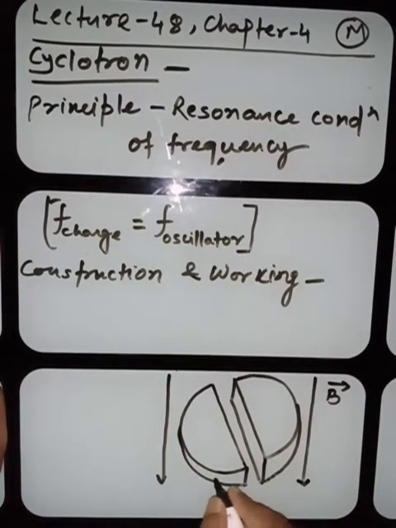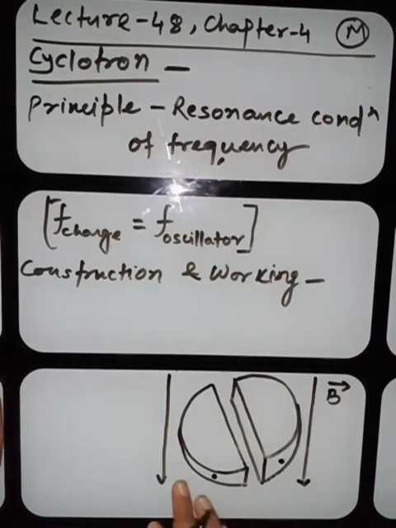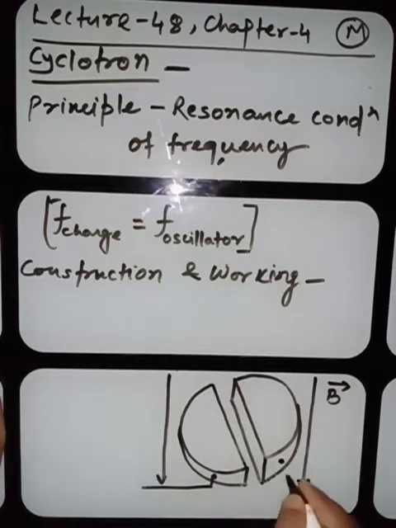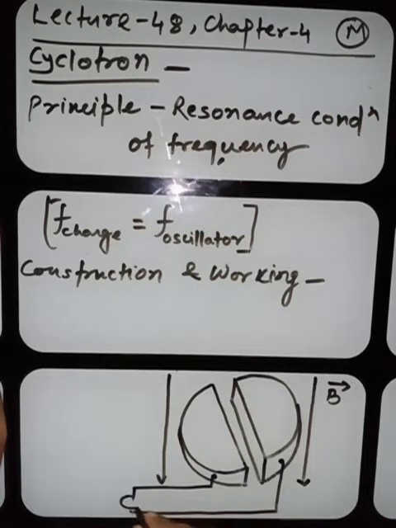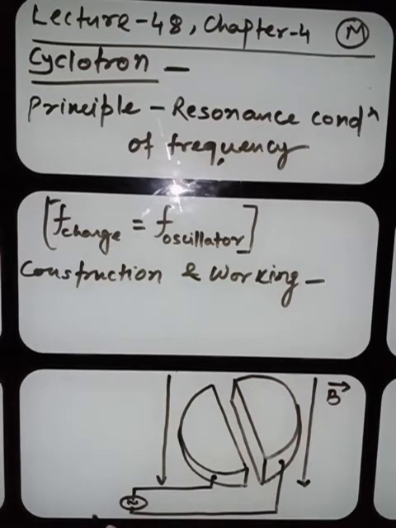Here, these two metallic Ds are connected. In examination, you must mention that the metallic Ds are connected here with a source of AC. And this source of AC is actually called the oscillator.